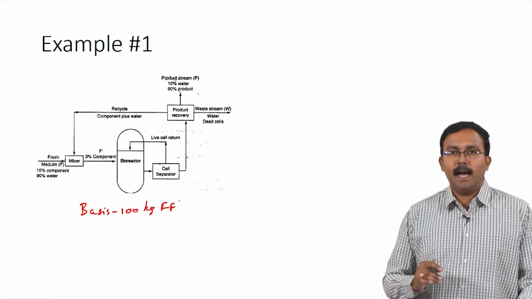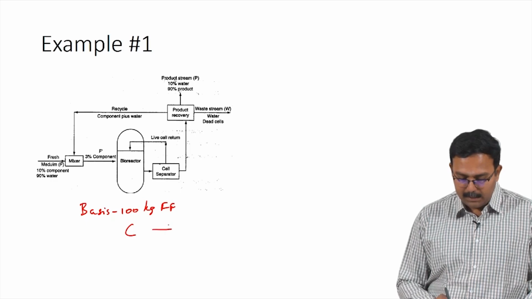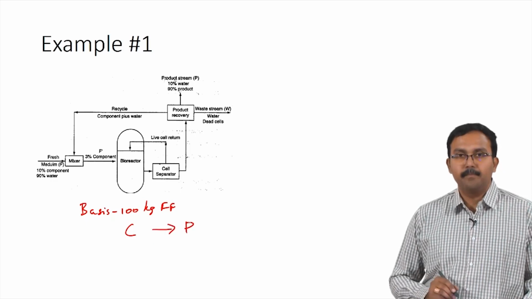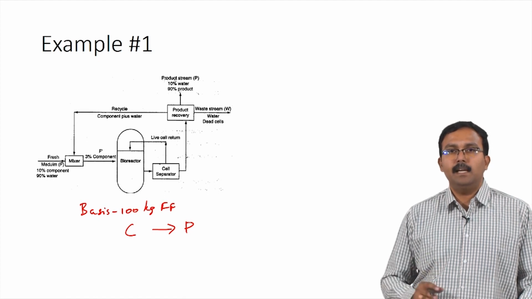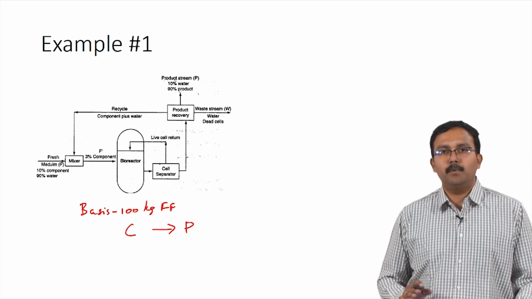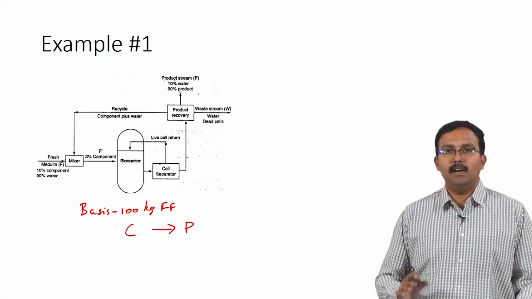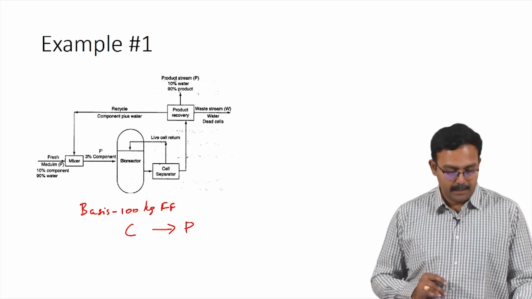This means the reaction would basically be proprietary component C gets converted to product P. So, this can be a stoichiometry which we can assume, indicating that 1 mole of proprietary component produces 1 mole of product. This assumption is valid because we know the molecular weights of these two components are the same.